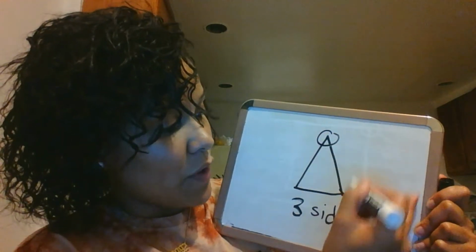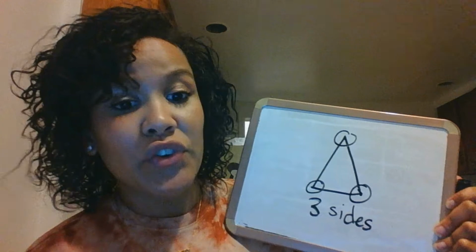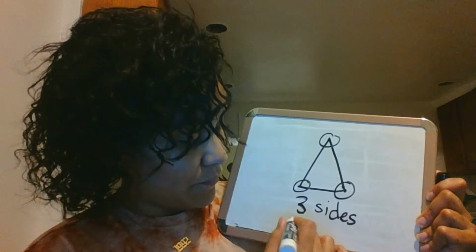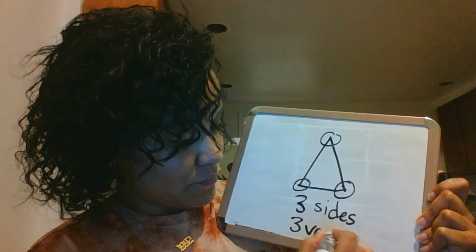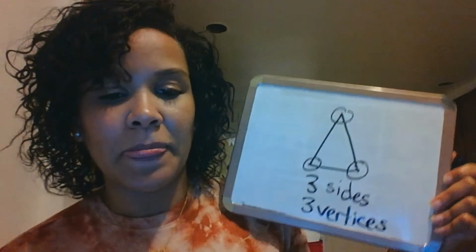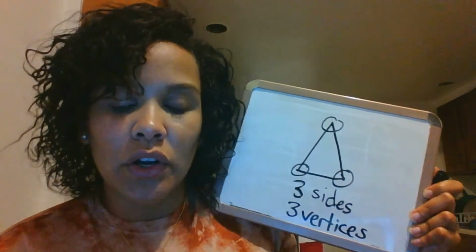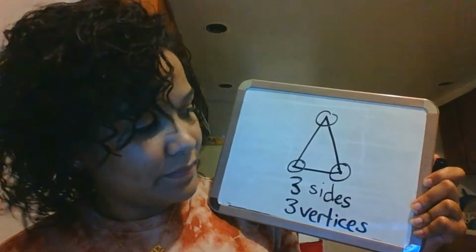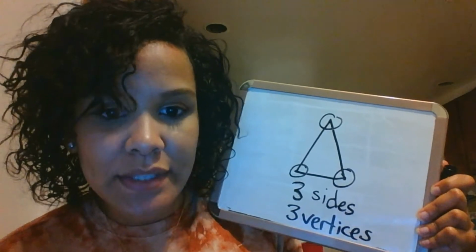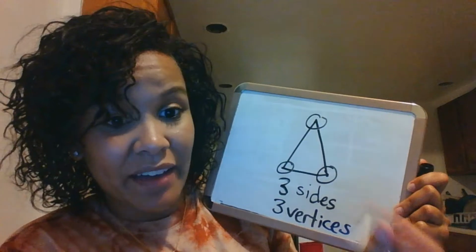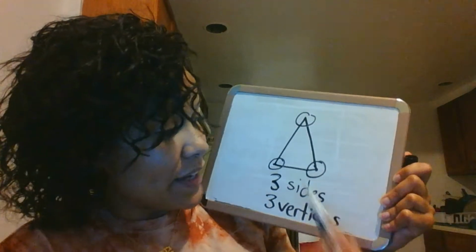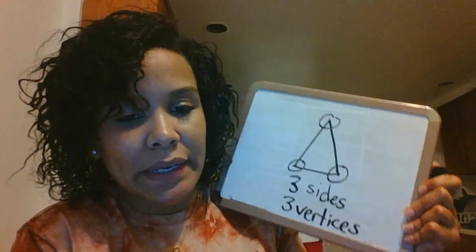So a triangle has 3 vertices. Now, is this shape open or closed? It's closed, yes. So if I had a car, I could not drive it into that shape because there's no openings.